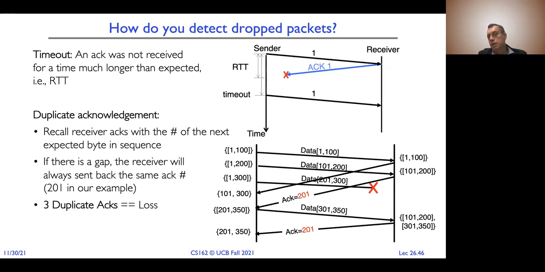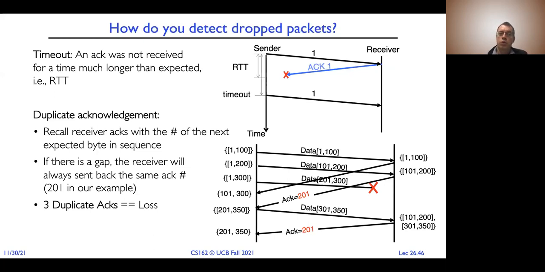Now I'm sending you the next packet with the bytes 200 to 300. You lost it. You don't tell me anything. Now I'm sending the next packet, 300 to 400. You give me the acknowledgement for that packet, but the expected sequence number is still 201, because you are telling me about the next expected in-sequence number.